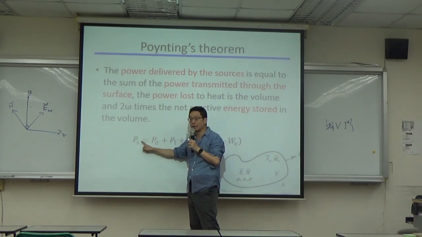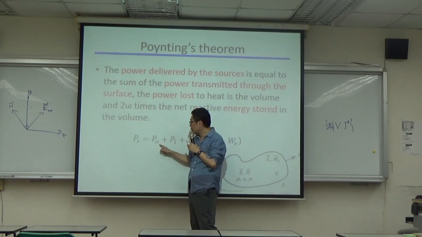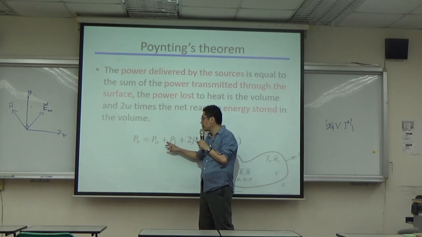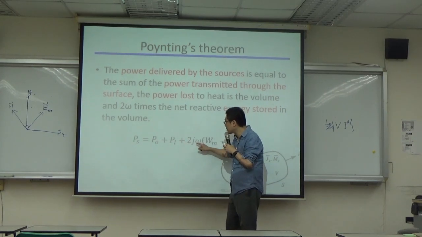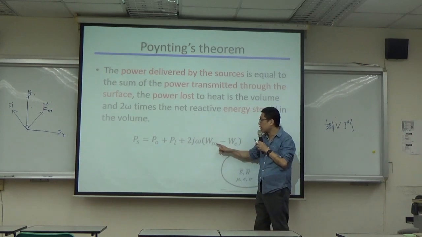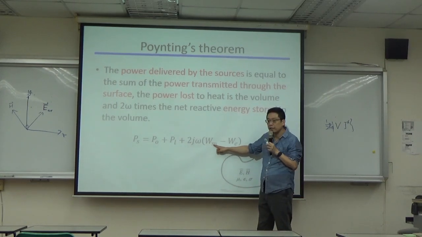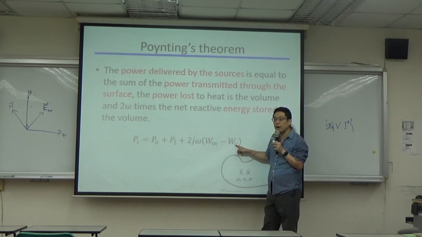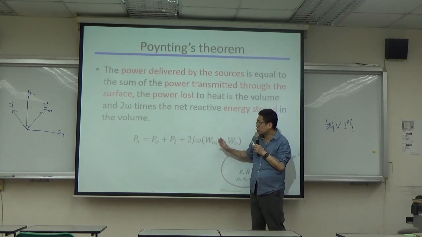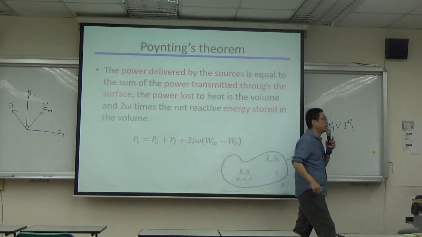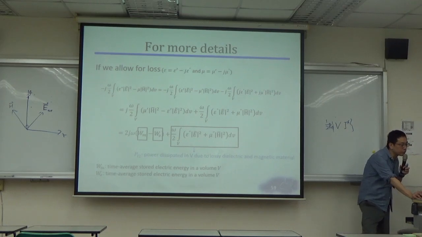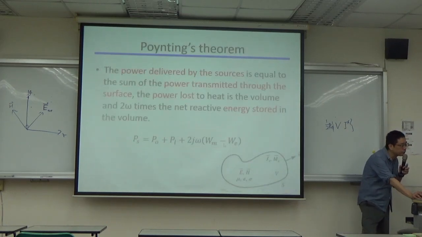Your power from the source equals your power passed through the surface plus your power dissipated plus 2j omega multiplied by the magnetic stored power minus the electric stored power. Those equations come from the derivation of this part.